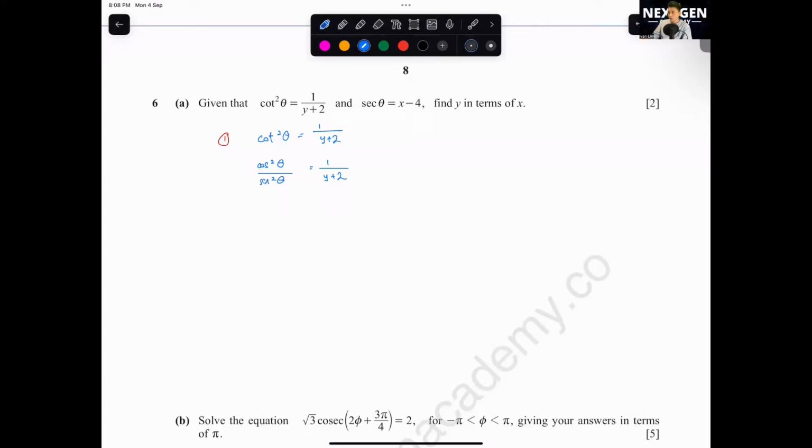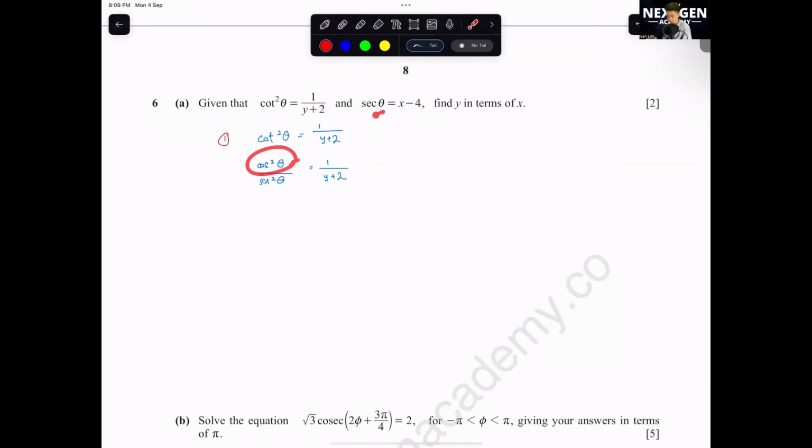Now you have to think, you look at this second equation. What do we want actually? This second equation gives us secant theta. There are actually multiple ways to do it, so you all just see which way you do. What I will do, keep in mind that secant theta is 1 over cos theta.